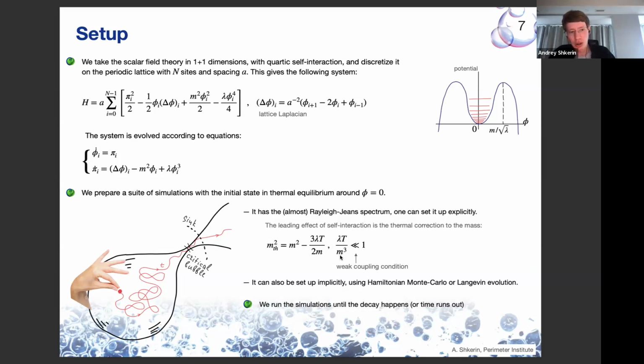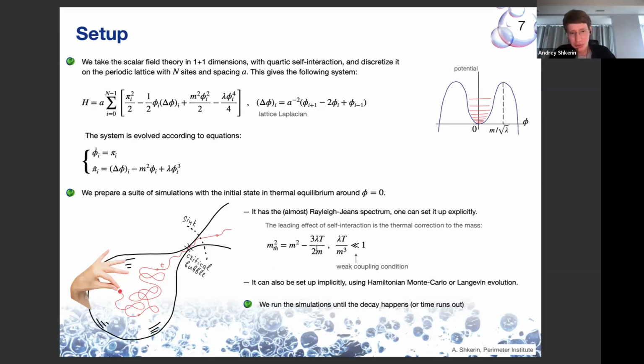It controls both the weak coupling expansion and the exponential suppression of the decay. If this parameter is much smaller than 1, then we can compute the thermal correction to the mass in perturbation theory, and this is a leading correction. Even if this parameter is 0.1, as we typically take in our simulation, this correction is about 15%. And that turns out to be important. So we must really take it into account when preparing our initial state. This 15% correction is important.